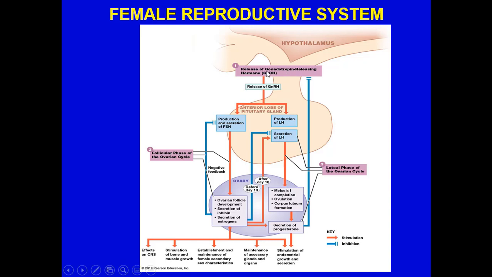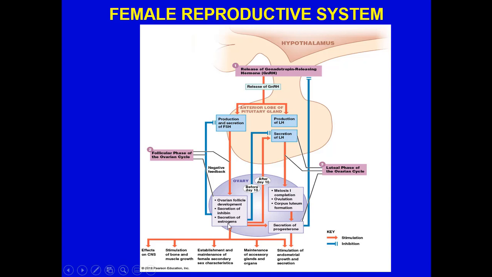Now, if you can see here, the release of GnRH will act on the secretion of FSH, which plays a role in ovarian follicle development, secretion of inhibin, and secretion of estrogens. Inhibin will play a negative feedback role on the release of FSH.